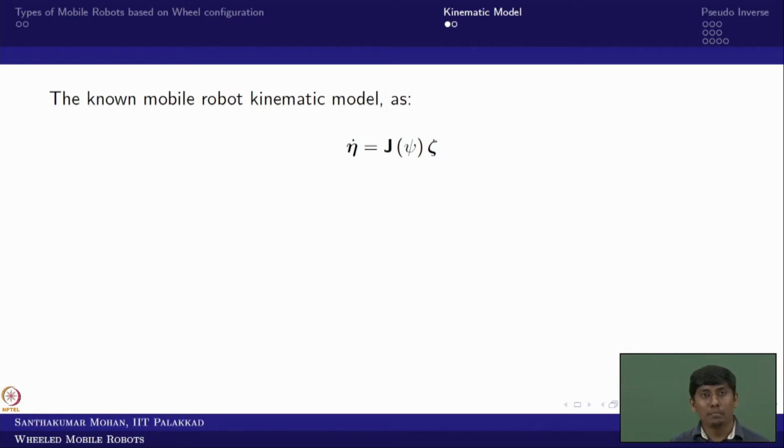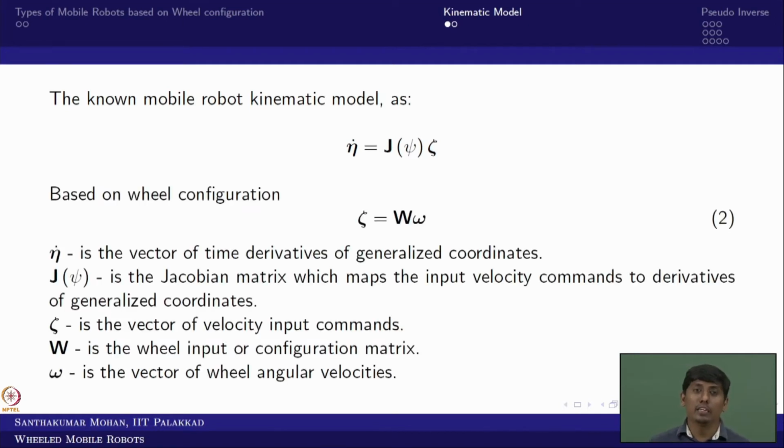But what we have written based on the generalized kinematic model of the wheel, the zeta you can write in the form of W into omega, where W is what we call the wheel input or configuration matrix, right. So now, instead of writing a non-integrable constraint equation, can I take the nature of W and classify non-holonomic or holonomic?